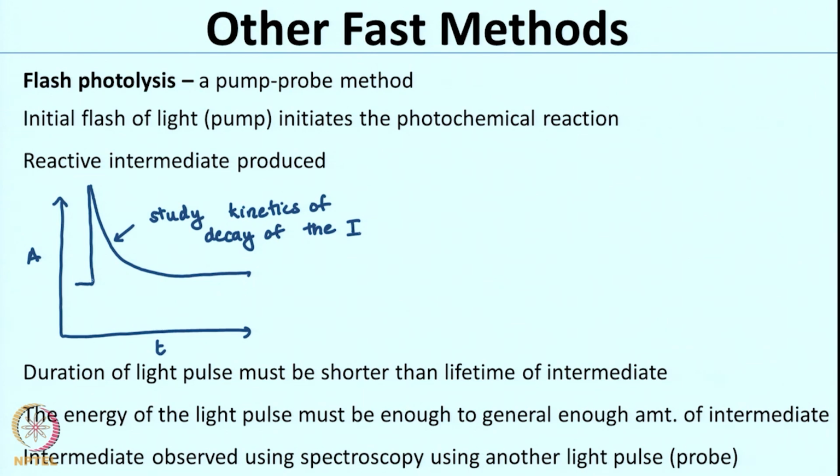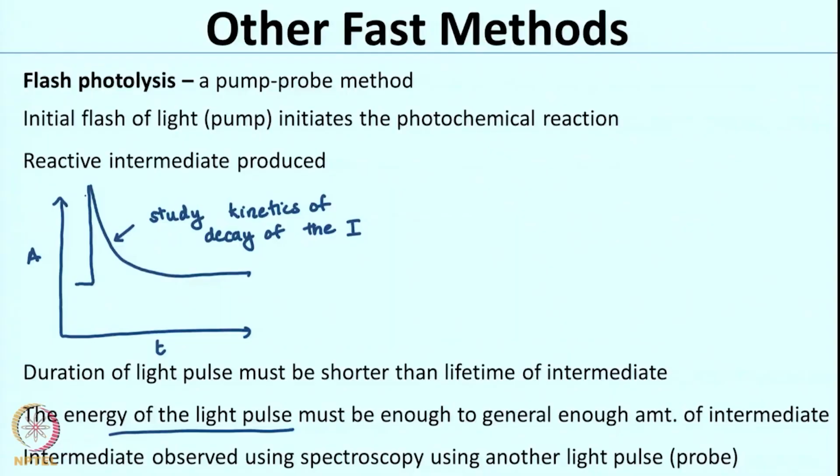So, as you see initially, the energy of the light pulse is enough to generate a lot of the intermediate, otherwise you will not be able to observe it using spectroscopic methods, and then slowly you let it decay, and the probe is what is used to actually study the decay of the intermediate.